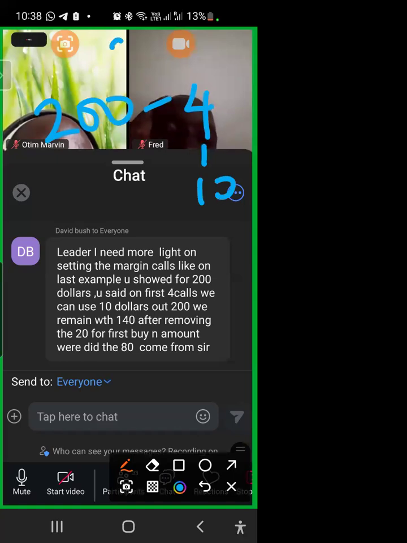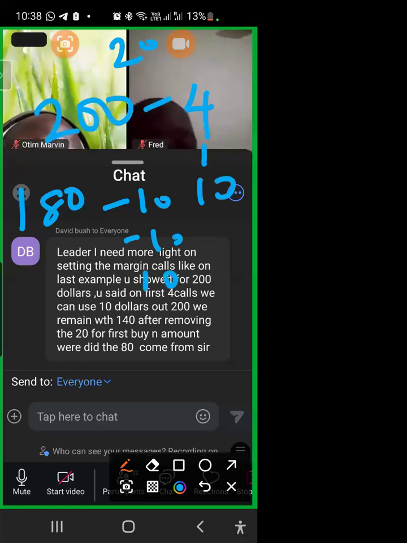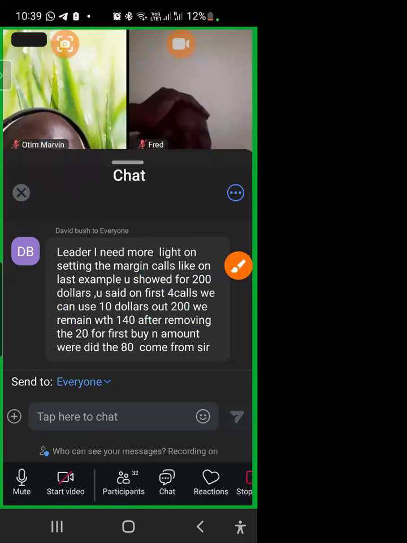Remember, we started with 20. When we started with 20, we remained with 180. Now, the first 4 calls, we are using 10, 10, 10, and 10. In general, these are 40, remaining 140. What is continuing saying? We remain with 140 after removing 20 for the first buying amount.